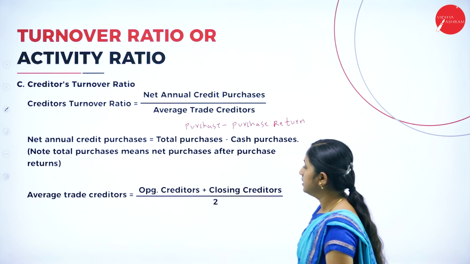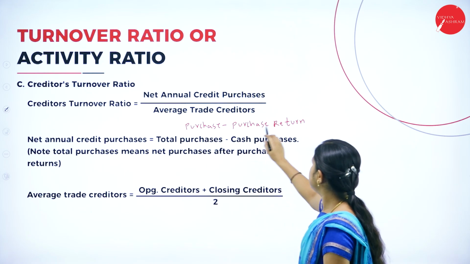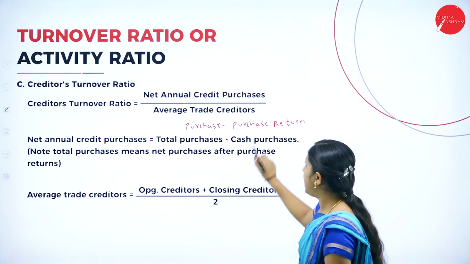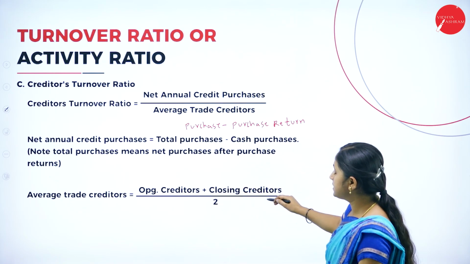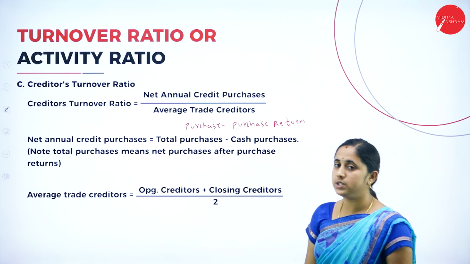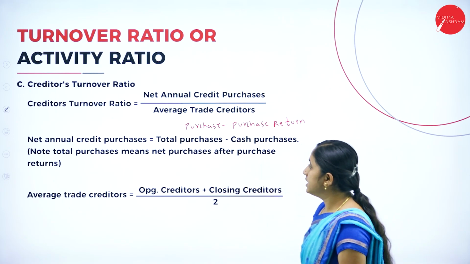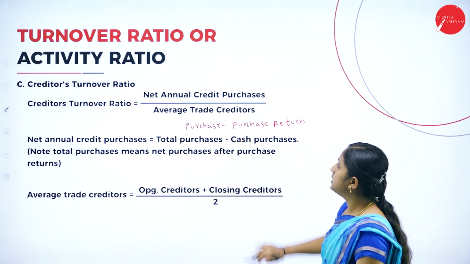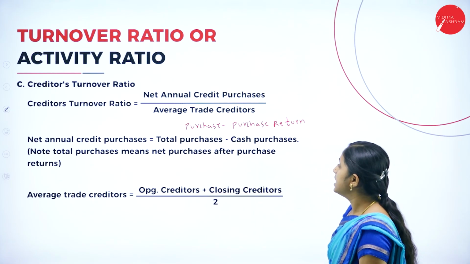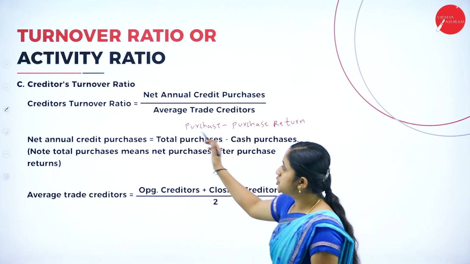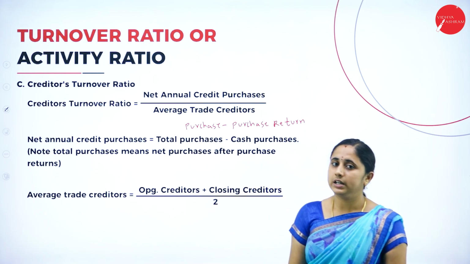Total purchase means purchase minus purchase return. Then average trade creditors is equal to opening creditors plus closing creditors divided by 2. Net annual credit purchase divided by average trade creditors is equal to the creditors turnover ratio.